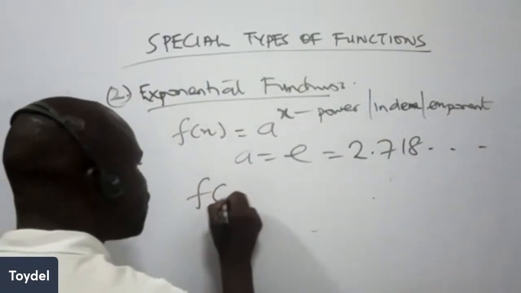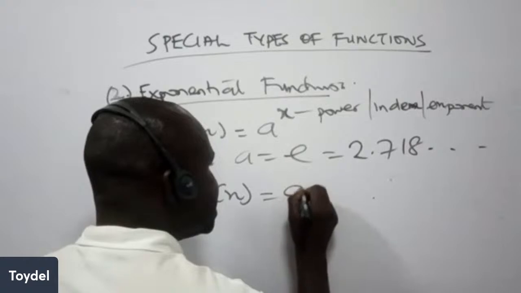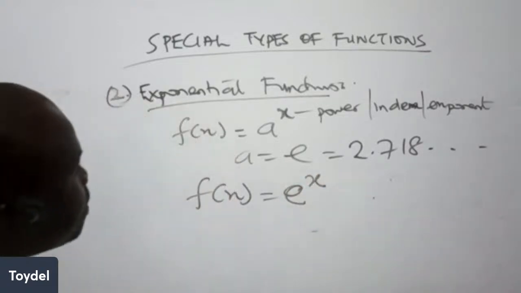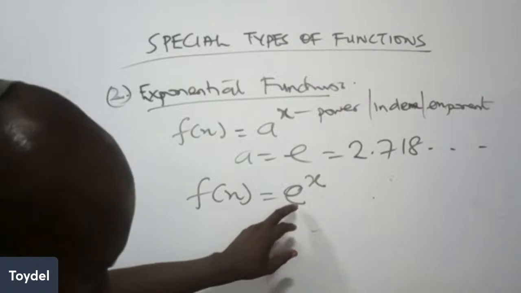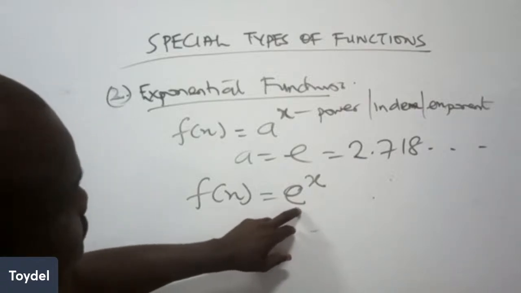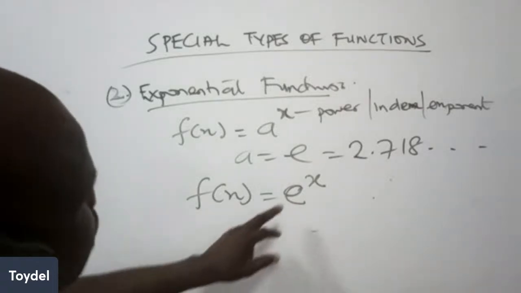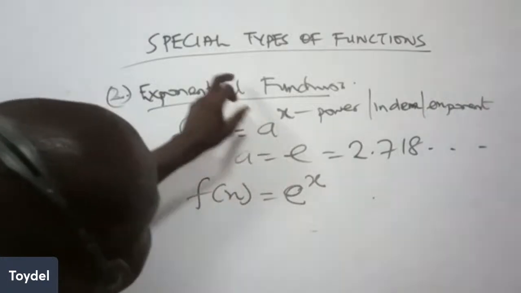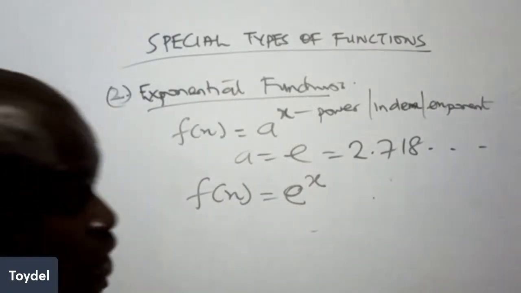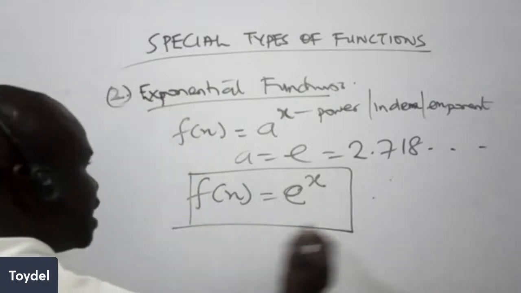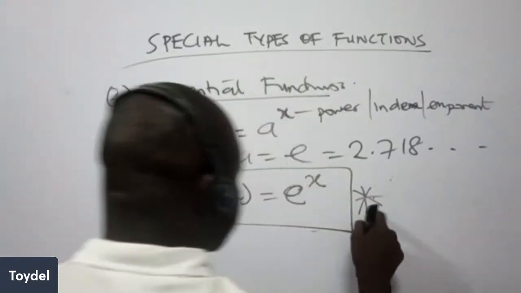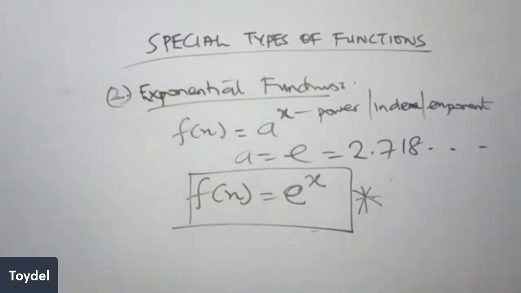So when f of x is equal to e raised to power x, this is a special type of exponential function, which is natural. We have so many exponential functions, but f of x equals e raised to power x is important and special in mathematics.